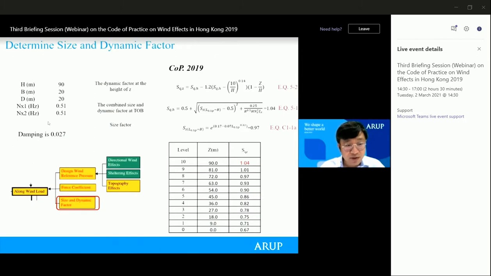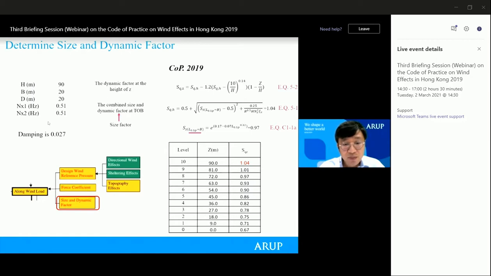After the force coefficient is calculated, we further calculate the size and dynamic factor. For this, we need to identify the size factor using the building breadth, in the equation for C1/1A. So that is based on the breadth of the building. After the size factor is calculated, we go to equation 4.1. That is to calculate the size and dynamic factor at the top of the building.